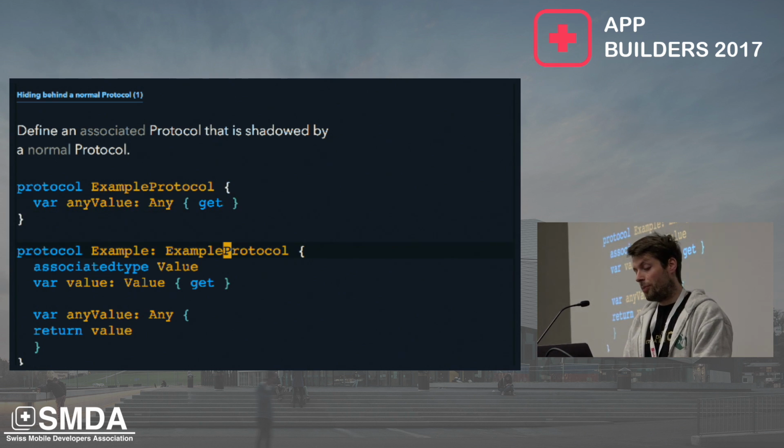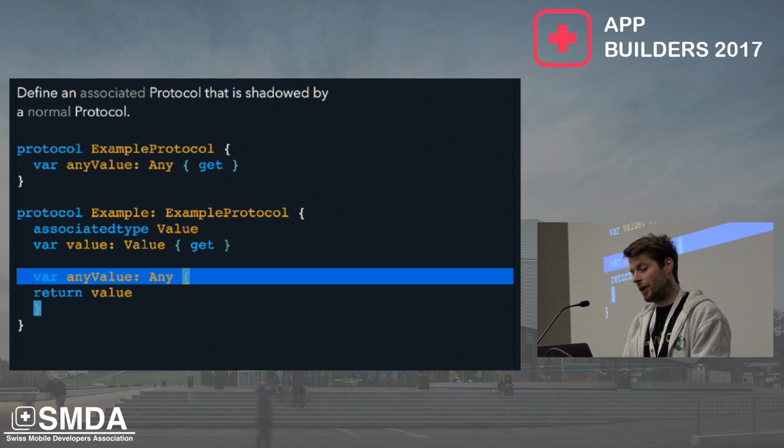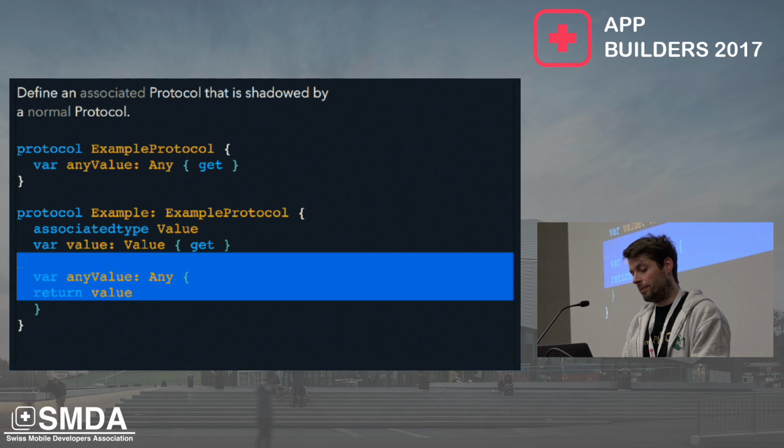And then we have another protocol. This is our ExampleProtocol. It conforms to the shadowing protocol. And it just has an associated type here, which is Value, and it can return this value. But it also conforms to the other protocol here by implementing the anyValue var and returning its own value as Any.